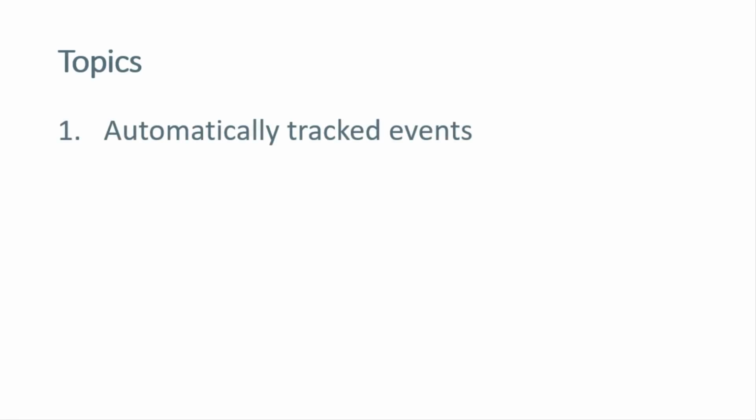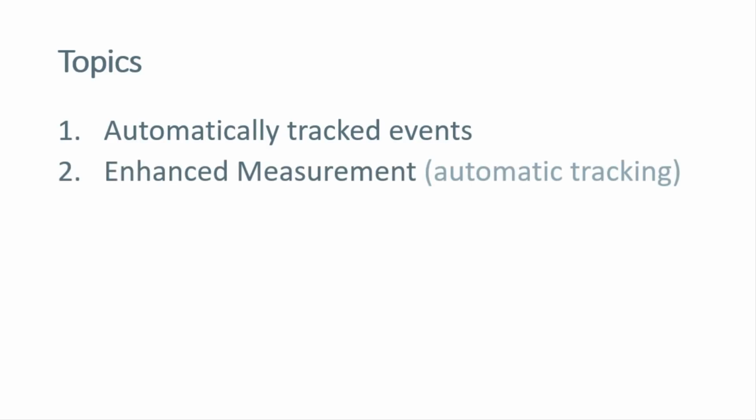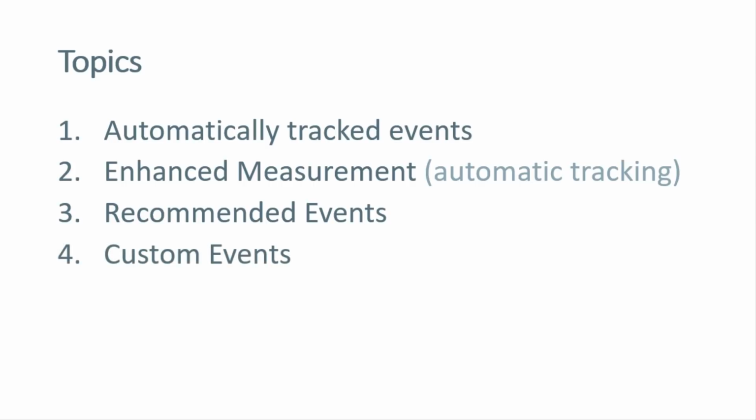Speaking of event tracking in Google Analytics 4, here are the topics that I'm going to explore in this video. First, I will mention some of the automatically tracked events in Google Analytics 4. Then I will also briefly explain what is enhanced measurement and what kind of events it sends to Google Analytics. Then I'm going to talk about recommended events in Google Analytics 4. And if you have some custom event that is not covered by any of these three event categories, then I will show you how to send custom events to Google Analytics.